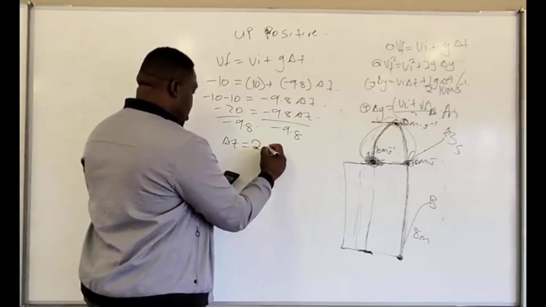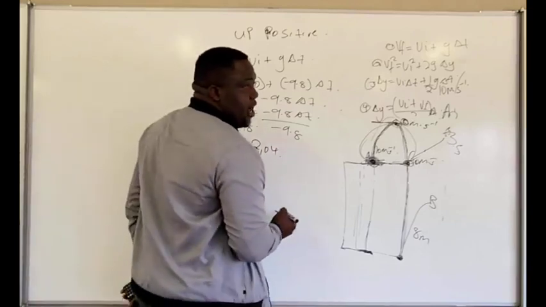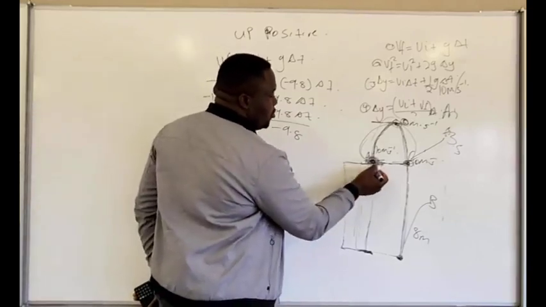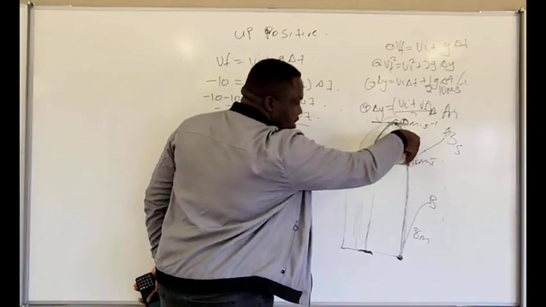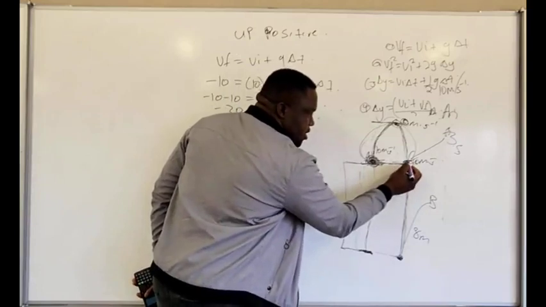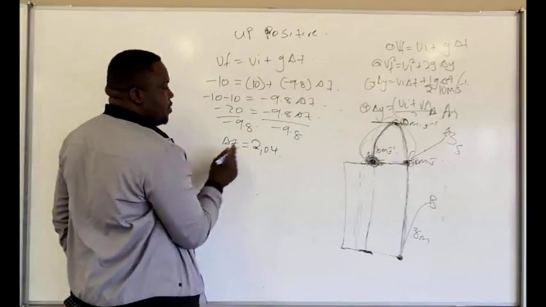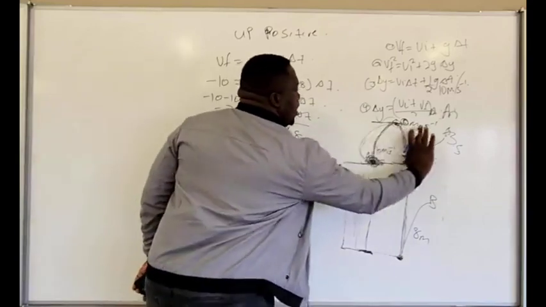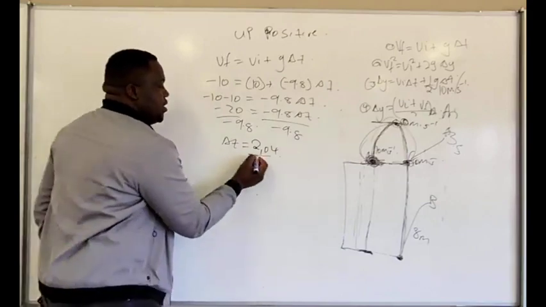That gives us 2.04. So the time it took for this ball to move from this point until it gets to the edge of the building, just before it starts to move down the building, just this very top edge, it will take 2.04 seconds. So now we will eliminate this part.